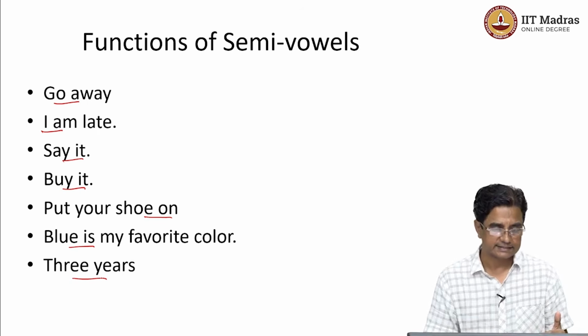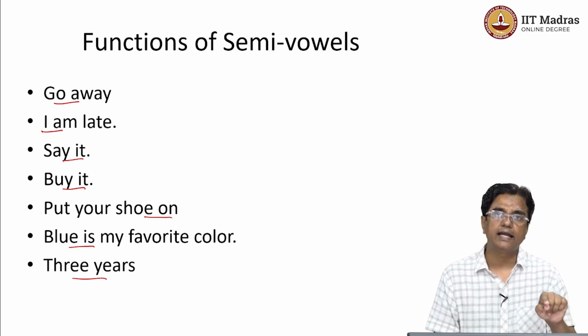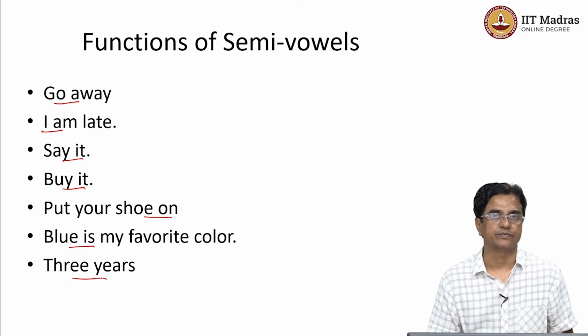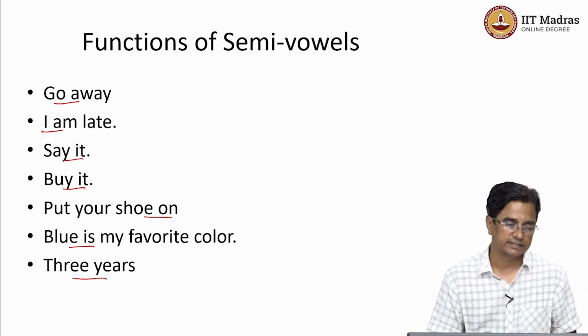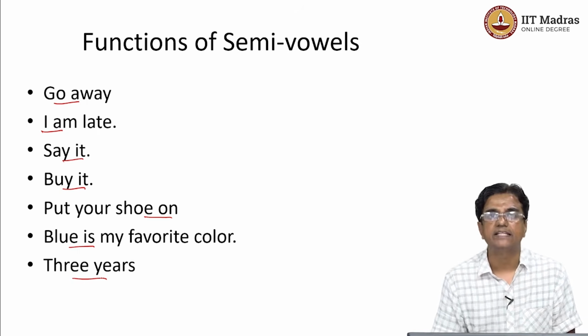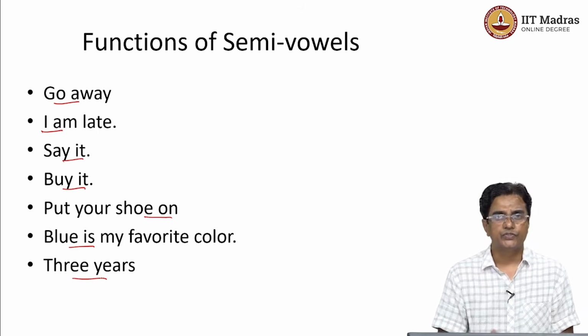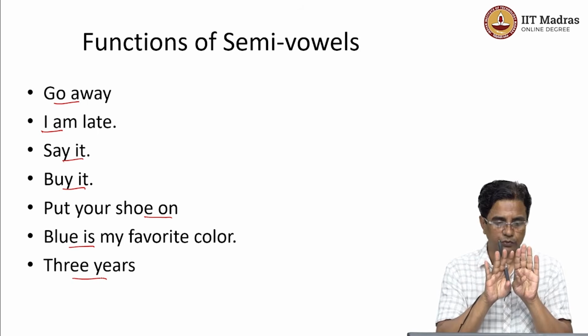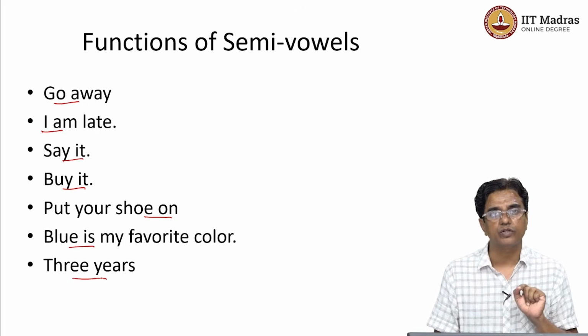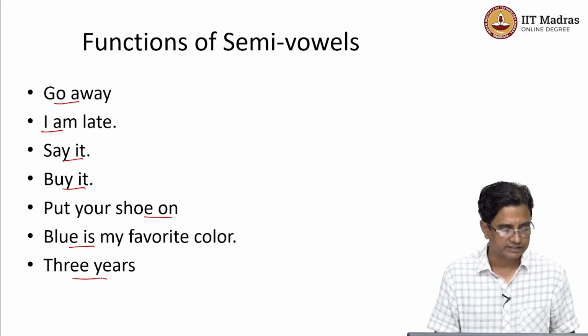in these phrases and sentences, one word ends with a vowel sound and the following word begins with a vowel sound. Check that. Go ends with a vowel sound and away begins with a vowel sound. So, when you have this situation, I is a vowel sound and am also has a vowel sound in the beginning of it.